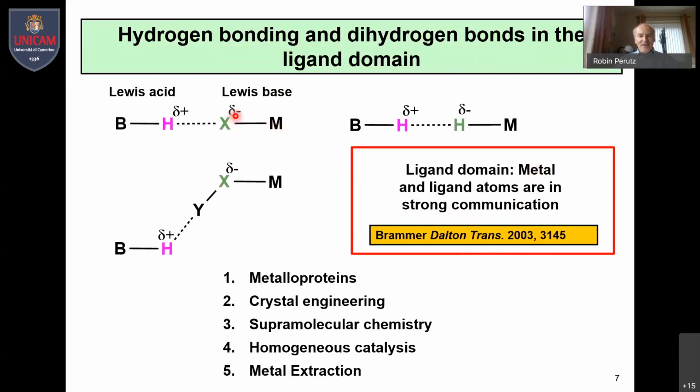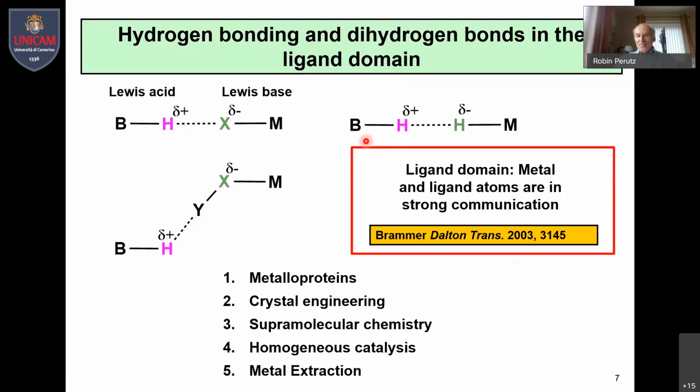The X is polarized delta minus, interacting with a hydrogen bond donor BH, and that's the delta plus. But it might also be a more extended system where we have the XY there, and I should have moved the delta minus along, I see.